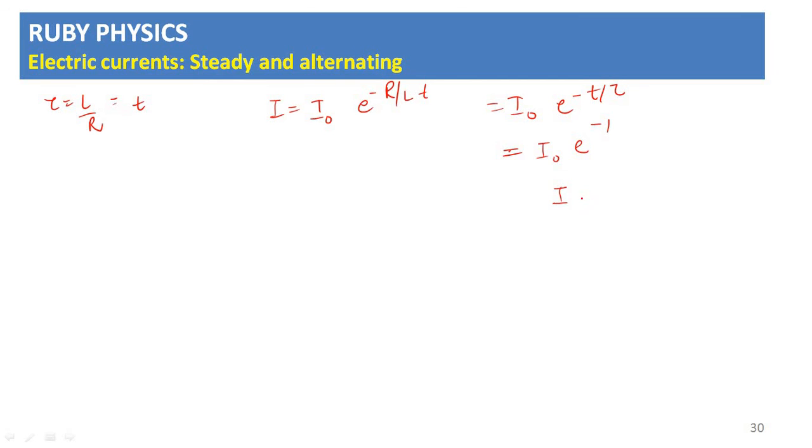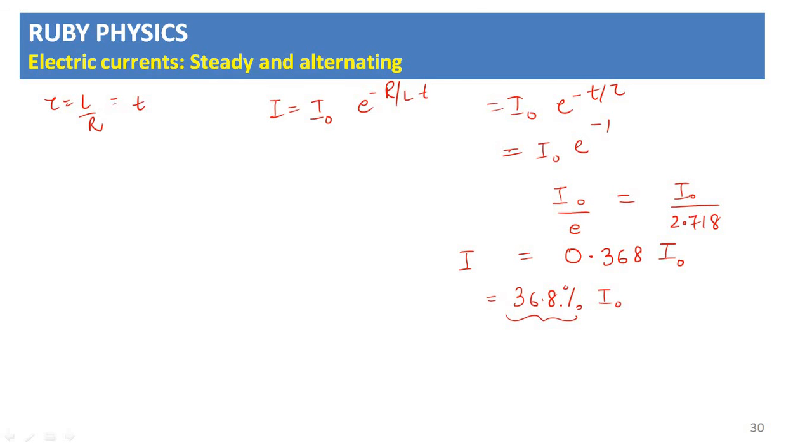So it will be I naught upon e, which is I naught upon 2.718, and this is equal to 0.368 I naught. So I is 36.8% of I naught. In this decay equation, we can define the time constant as the time in which the current decays to 36.8% of the maximum value.